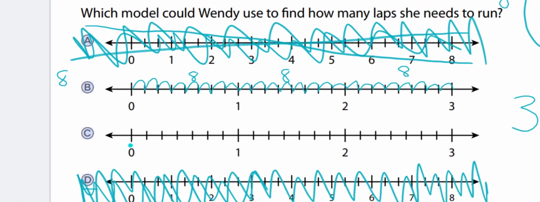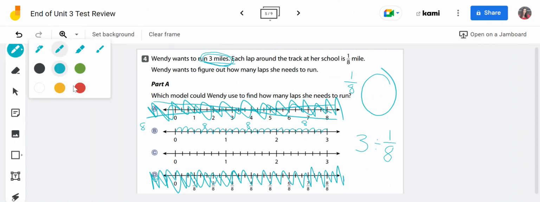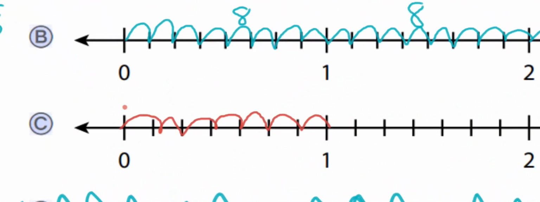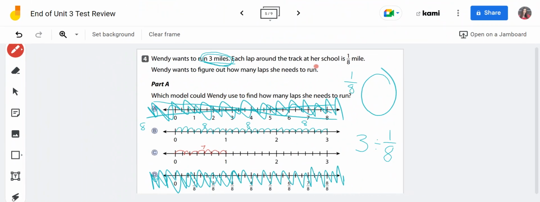Now I'm going to look at C, and I want to see how many jumps I do from 0 to 1. How many jumps did I just do from 0 to 1? That's right, I did 7. However, is every lap 1/7 of a mile?